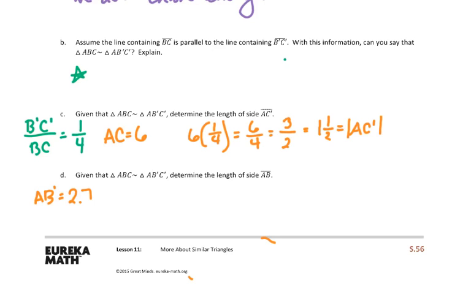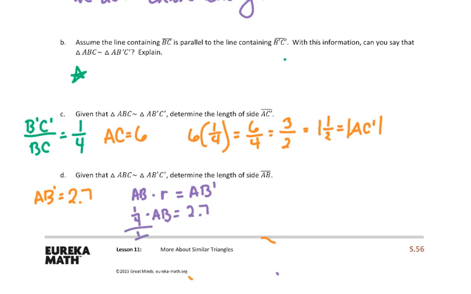For part D, it's saying that the triangles are similar again. It says determine the side length of AB. Our scale factor is still 1/4, so we know that AB times our scale factor will give us AB prime. So that would be 1/4 for our scale factor times AB is equal to 2 7/10.